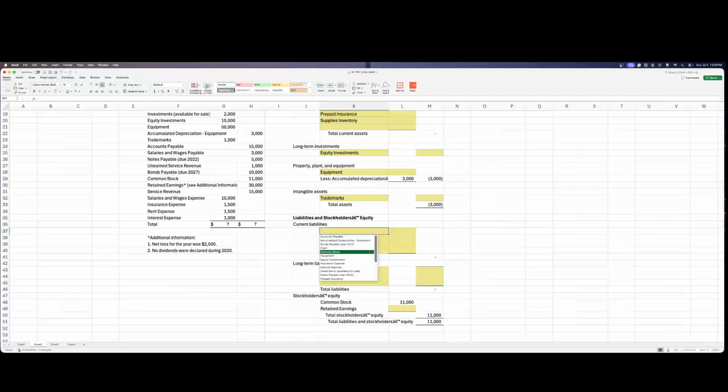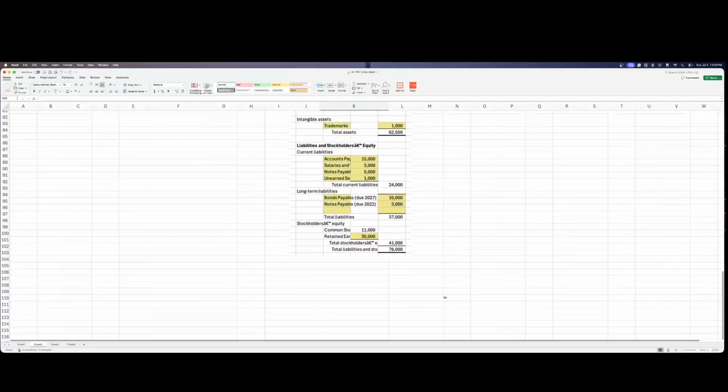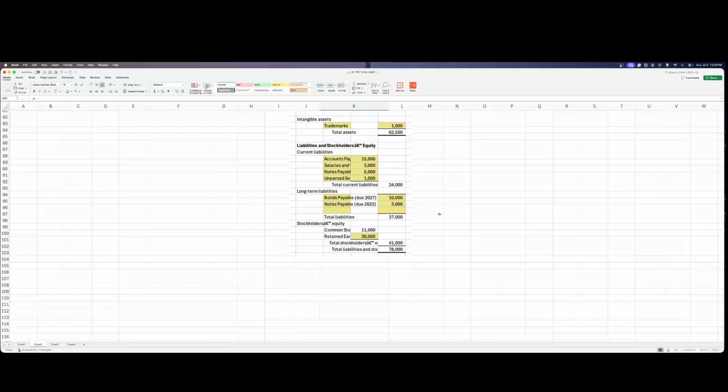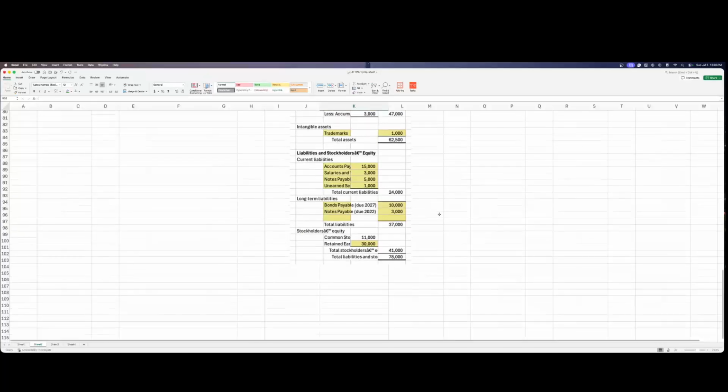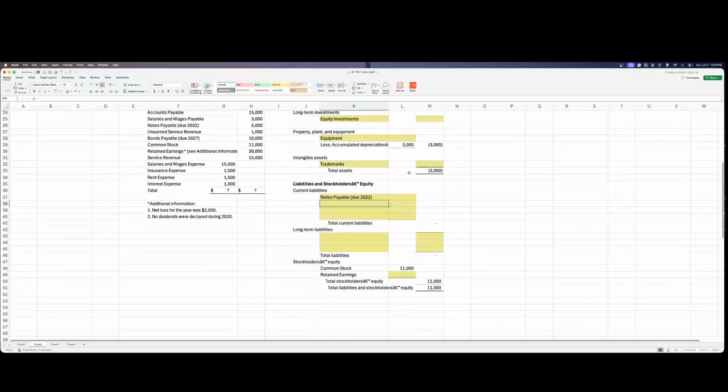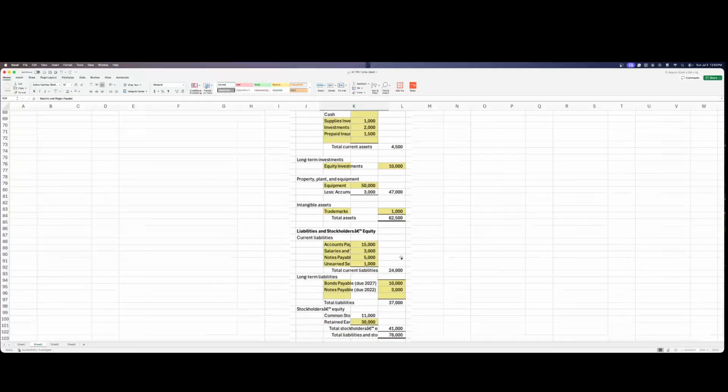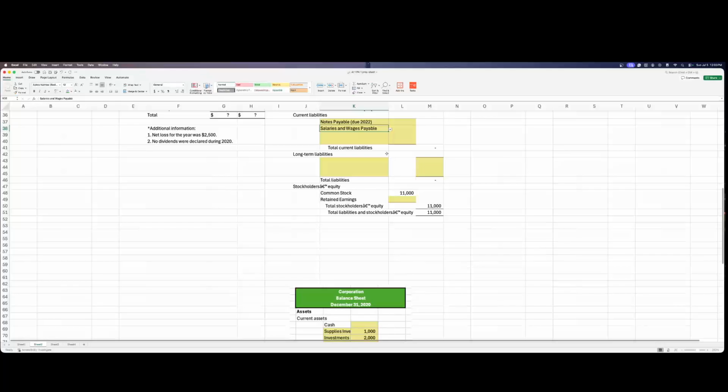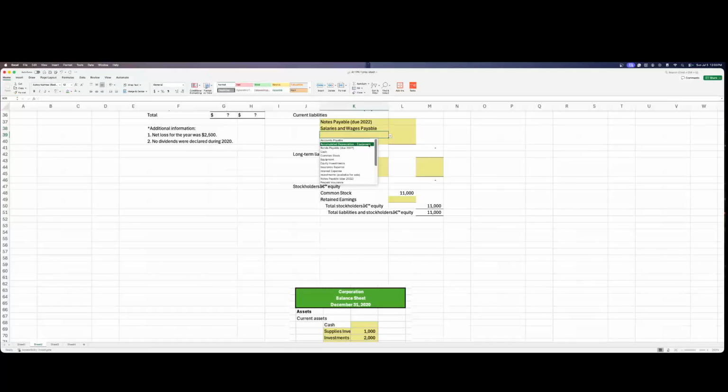When it comes to current liabilities, you'll be seeing notes payable. Salaries and expenses payable. Accounts payable.